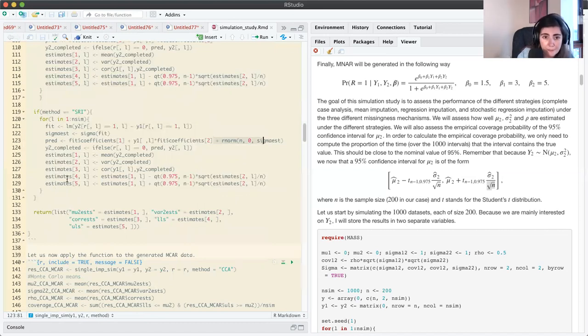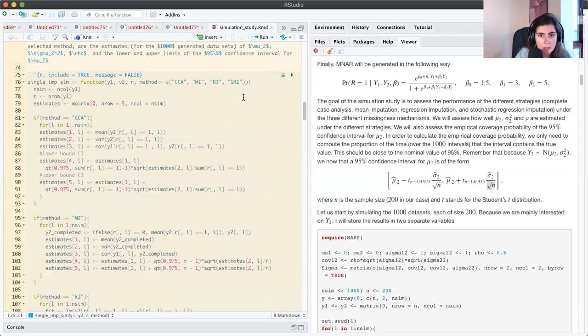What I want my function to return are the estimates. Sorry, the names are possibly not the best. It's what occurred to me. So I'm returning the estimates of the mean, mu2 for y2, for the variance of y2, for the correlations, for the lower limits, and for the upper limits. Okay, and that's my function.